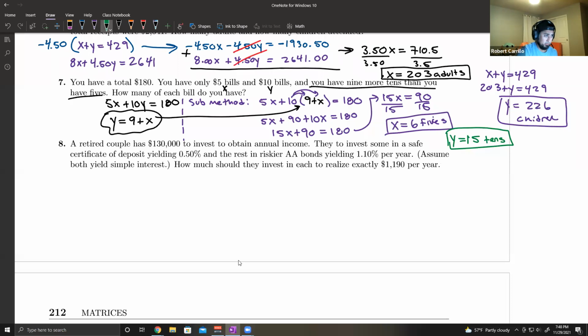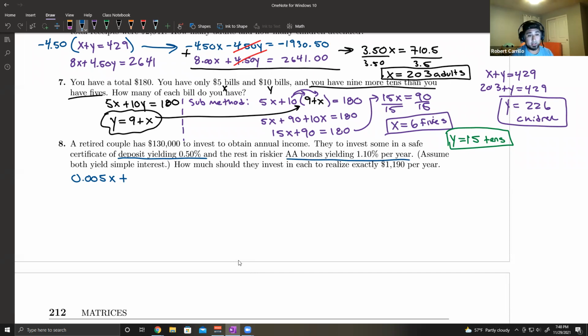So our first equation is going to be, in a safe certificate of deposit yielding 0.50%, that's going to be our x. And remember, we have to convert from percent to decimal. So 0.5% is 0.005x. Plus, the next one is the AA bond, which is 1.10% per year.